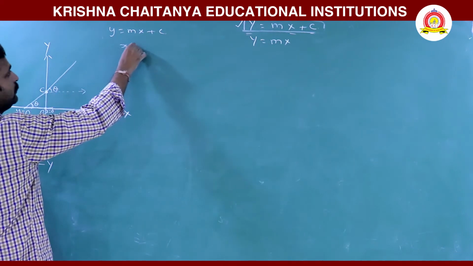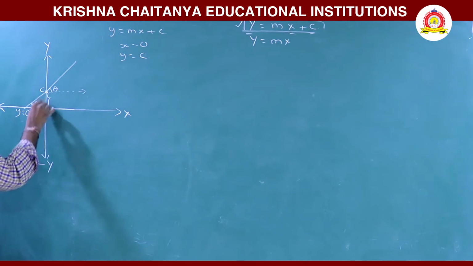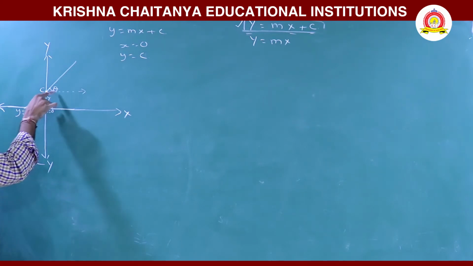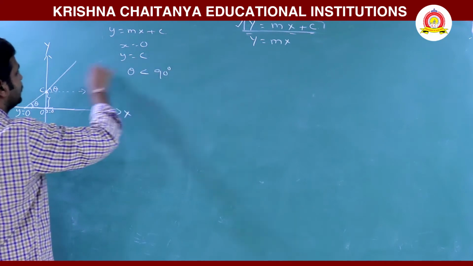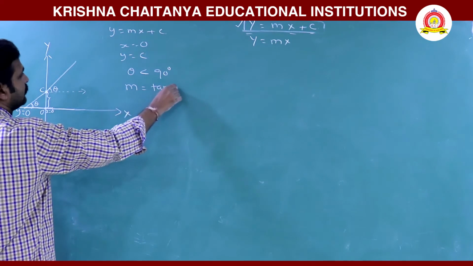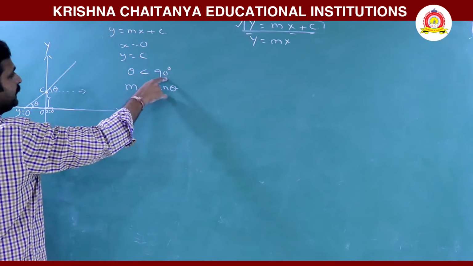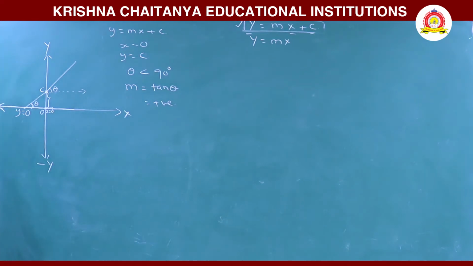Here it has y is equal to c, so this is c, and here theta is less than 90. So this graph's slope is tan theta. Since theta is less than 90, this is positive.